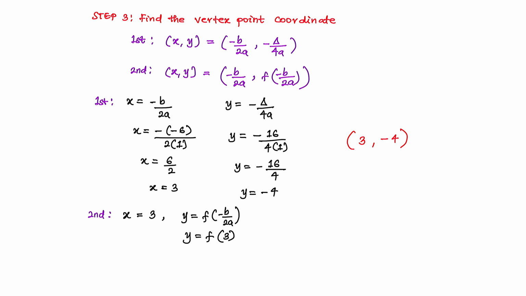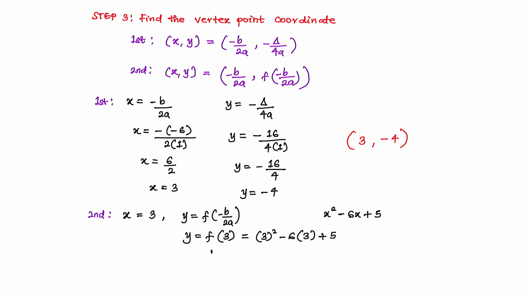So this simply means anywhere we see x in the equation, we substitute it with 3. Remember that our equation is x squared minus 6x plus 5. So we have 3 squared minus 6 multiplied by 3 plus 5.